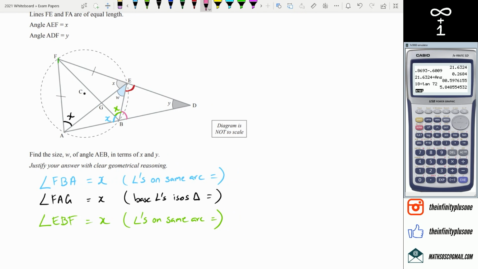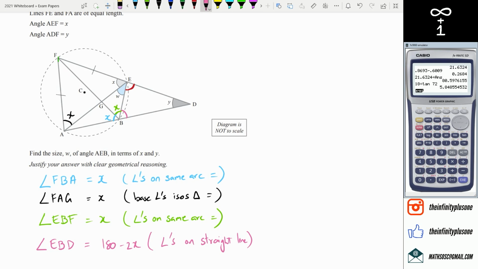Now I can work out the pink angle, EBD, which is 180 take away 2 lots of X, because angles on a straight line. So that's 180 take away 2x. I can't really do anything with it, so I'm going to leave it as it is.